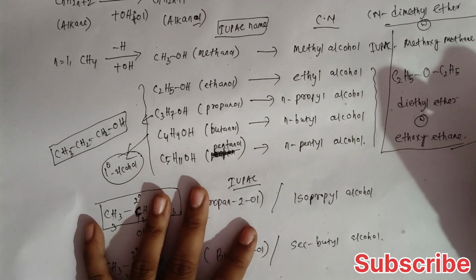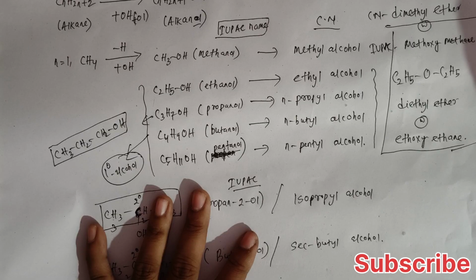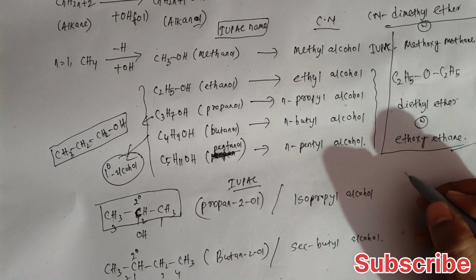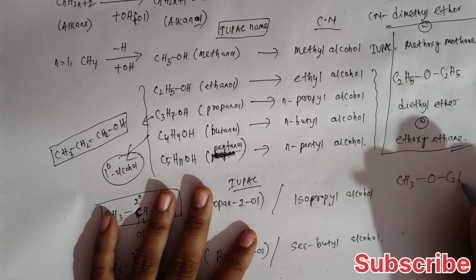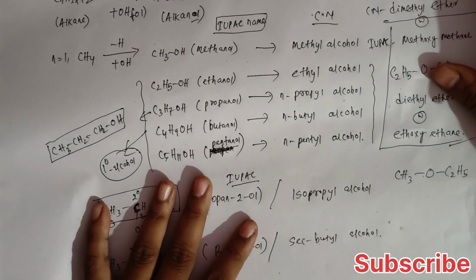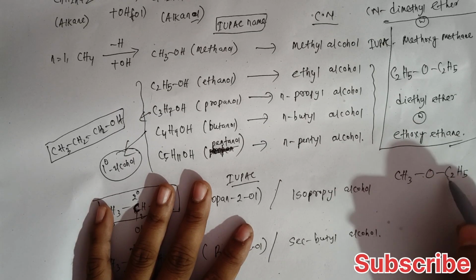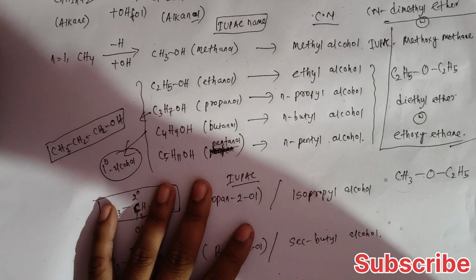If I take here a mixed ether. Mixed ether means both groups must be different. Here, on both sides of the oxygen, one is a methyl group and another is an ethyl group, attached to one oxygen atom.